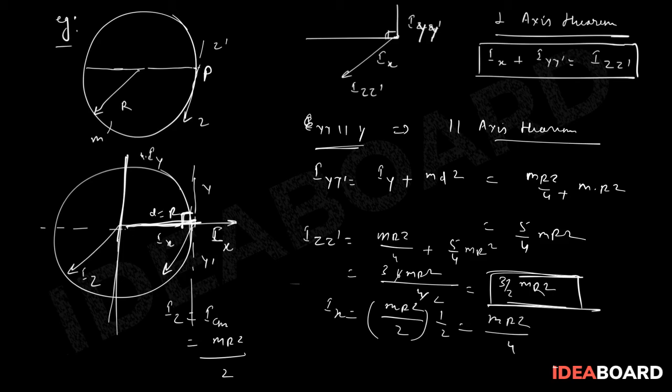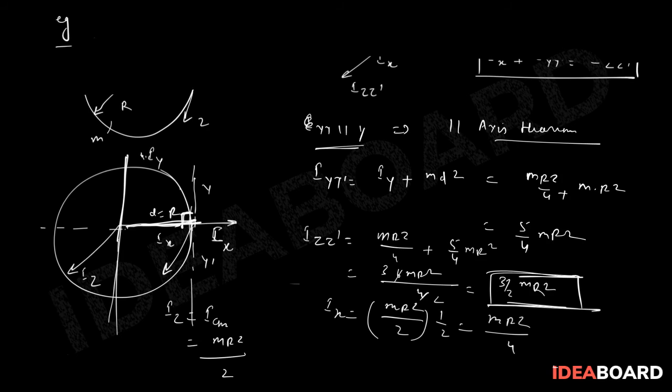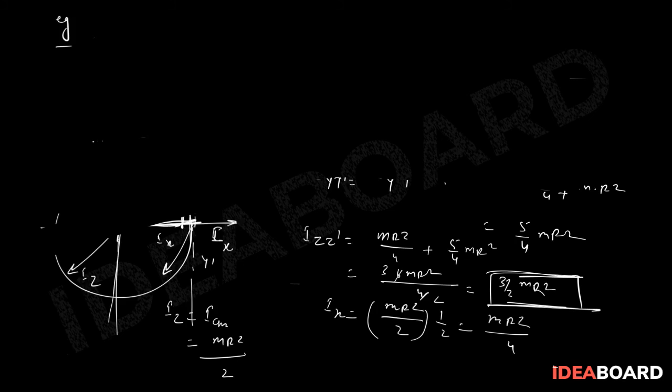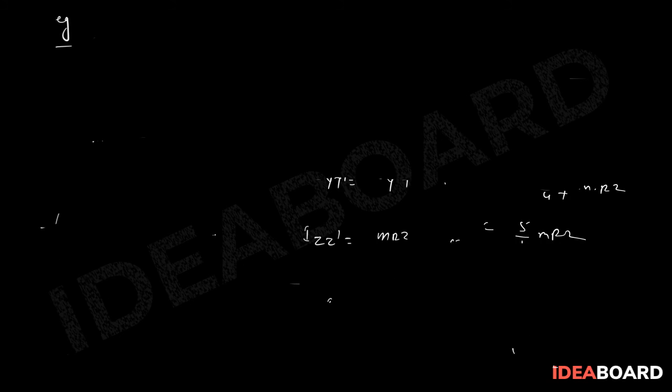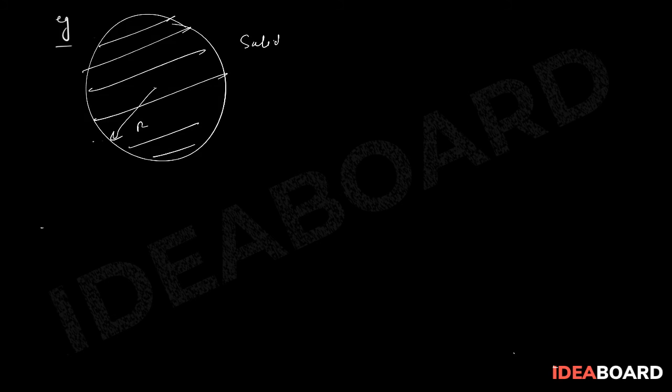And the second example I have taken is for a sphere, right? So let us take that sphere. Let's take the same sphere of radius r, mass m, and this is a solid sphere. Suppose that this is the center of mass, and I wanted to calculate the moment of inertia about an axis passing through this point.